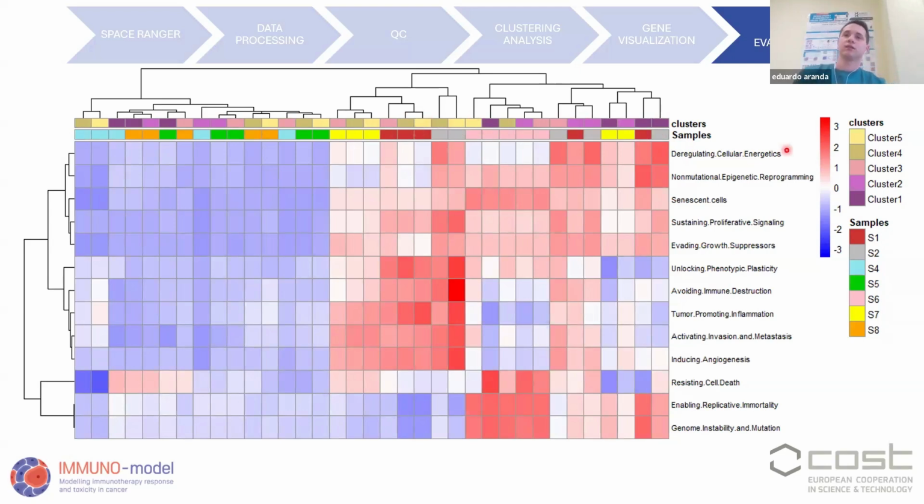We can see that the regulating cellular energetics and non-mutational epigenetic reprogramming hallmarks of cancer are more tumor hallmarks. However, other hallmarks such as avoiding immune destruction, tumor-promoting inflammation, activating invasion and metastasis, and inducing angiogenesis are hallmarks of the stromal region of our samples. And with this, we can compare all of our samples according to stromal or epithelial areas.